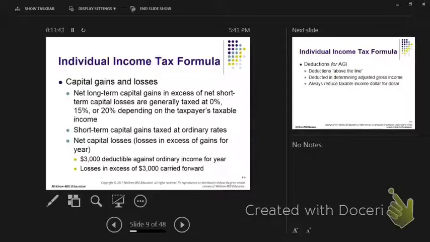You can put as much money as you make on that line. You can make $3,000, you can make $108,000.